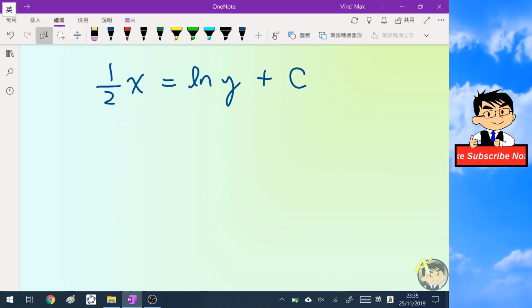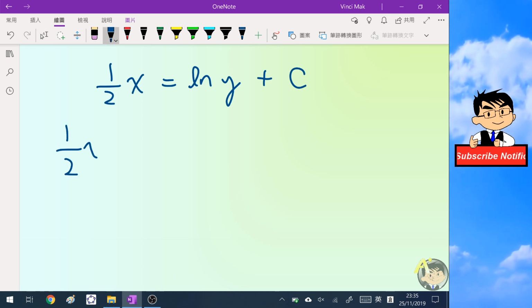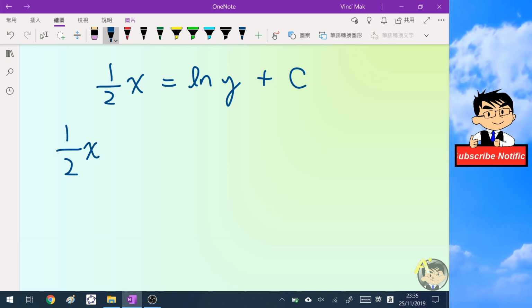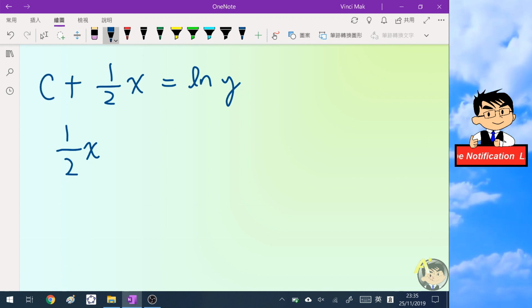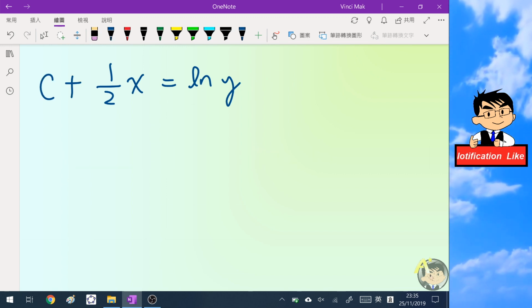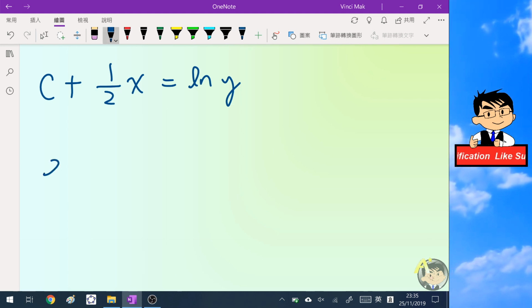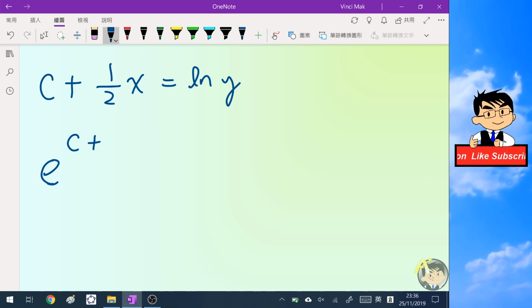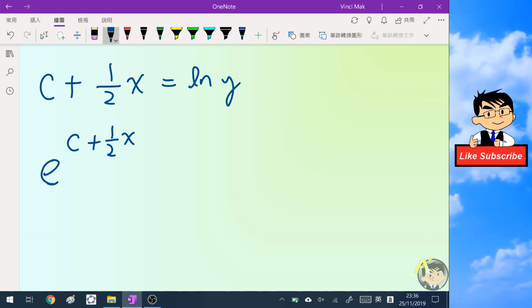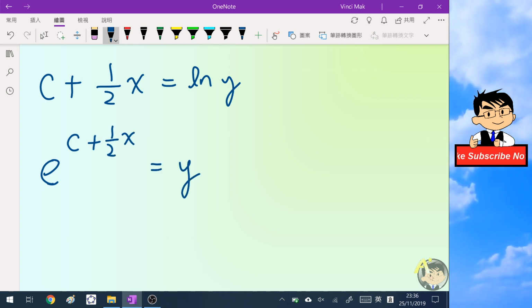Now, how can we make y the subject? I can add c on the left hand side first, like this. Now I can raise e to the power of the left hand side, c plus half x in the exponent, which equals y.